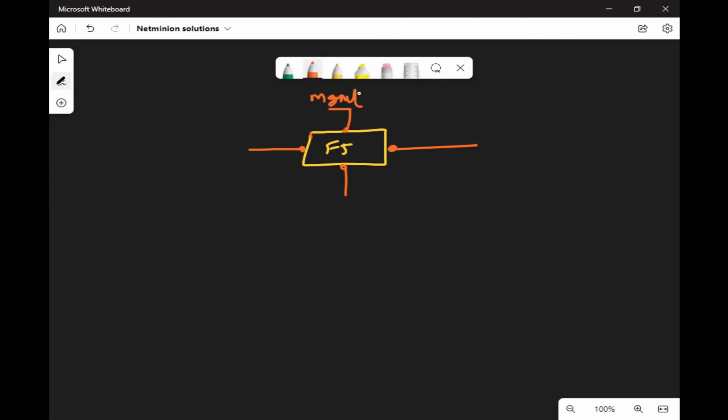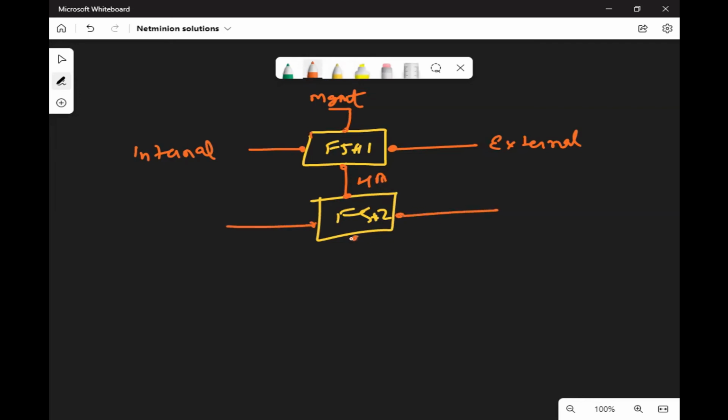Management VLAN as well. So we should be having management, internal, external, and HA.